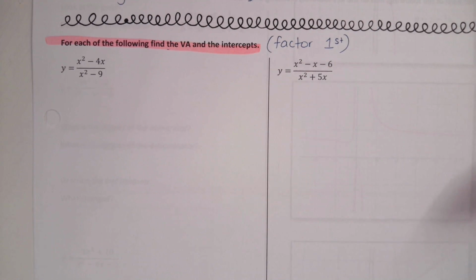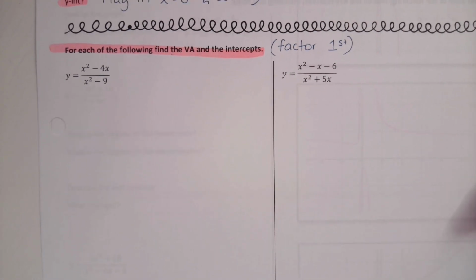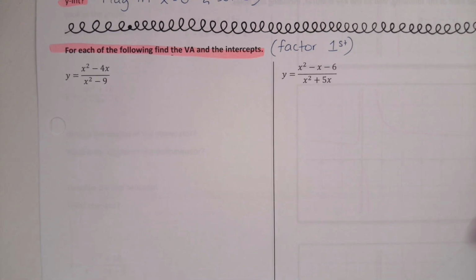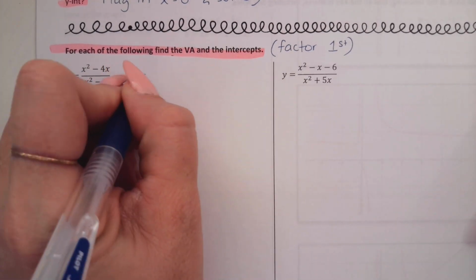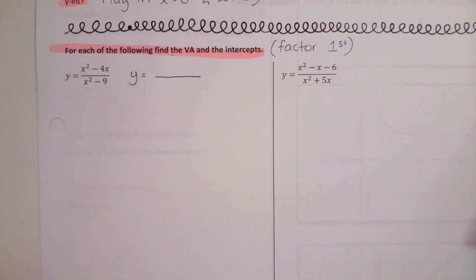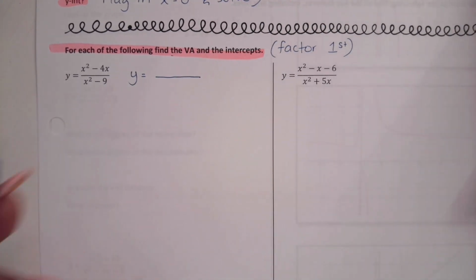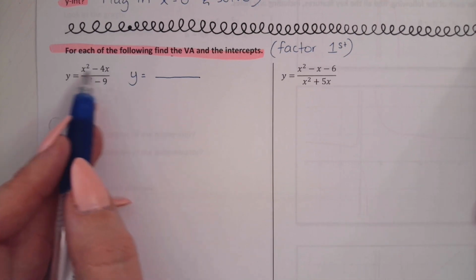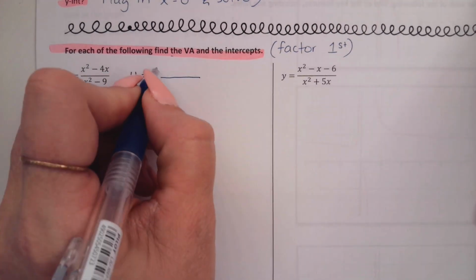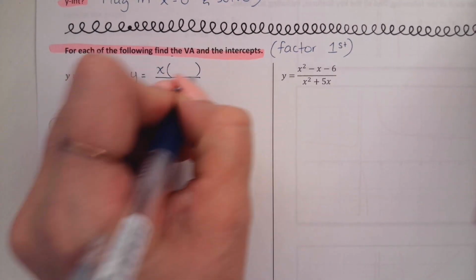Okay, so looking at this one here, I have x squared minus 4x over x squared minus 9. Both of those are factorable. The top is not super complicated to factor. It only has a GCF, right. What is the GCF of the top? X. If I divide them both by x, what's going to be left over?